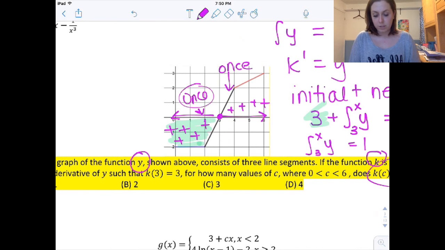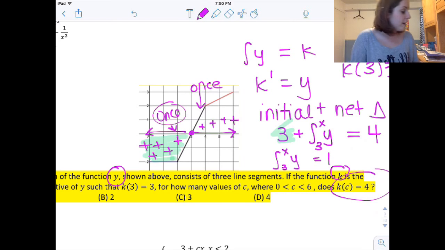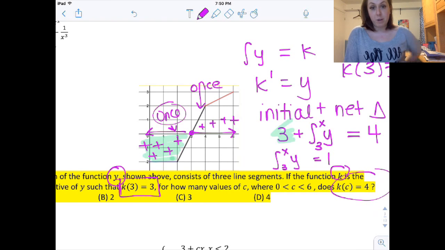All right, good question. So the question was, how do you know the bounds? It's because this is my initial value. K of 3 is 3. So I don't really know what my upper bound should be. I'm not sure about that. But I do know my lower bound, because my lower bound is where my initial value is. And they tell me that the initial is 3, at 3. So my lower bound is 3 because that's where the initial occurs.